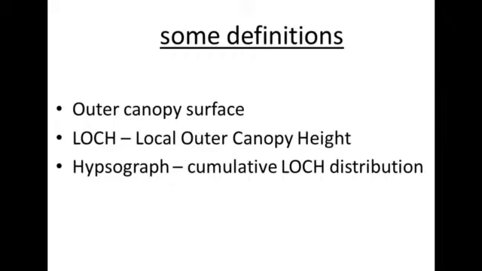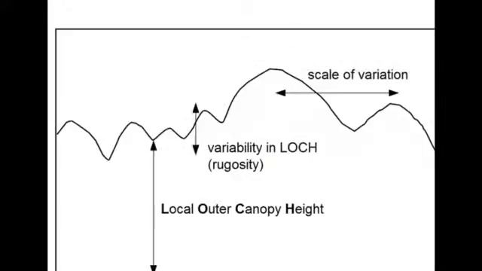The local outer canopy height is basically the distance between the ground and the topmost surface over one point. It's not the top of the tree, it's just the top of the local canopy. And so I call that LOCH. And the hypsograph is the distribution, and I usually express it as a cumulative, of those top heights.